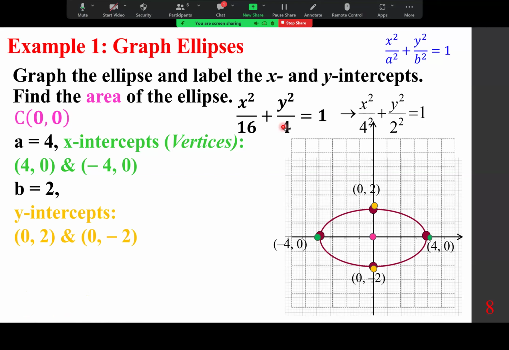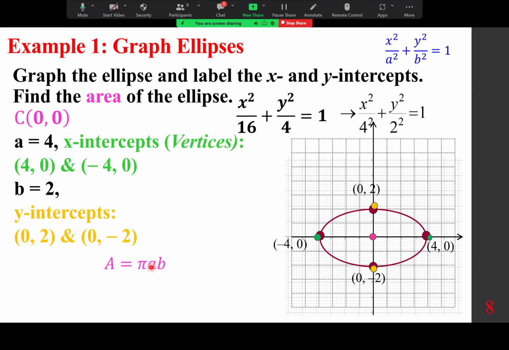The area, as you recall, the area for a circle is pi r squared. By the same token, the area for an ellipse becomes pi times AB.